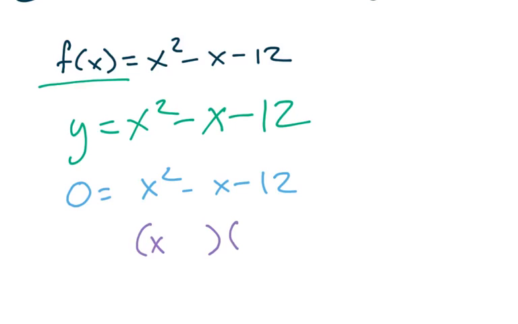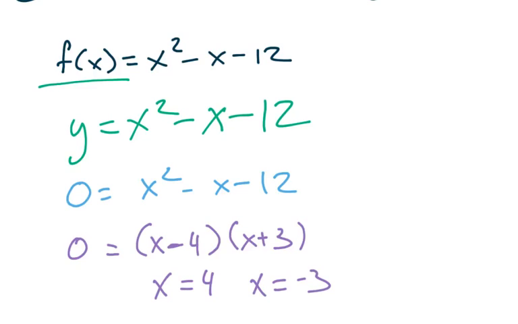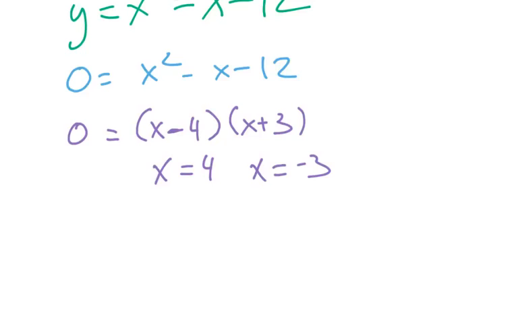We said once we set a trinomial equal to 0, we just factor. And what's going to work here is -4 and 3, because -4 plus 3 is -1. So this will give me x is 4 and x is -3. So what this is saying is that (4, 0) and (-3, 0) are going to be my x-intercepts.